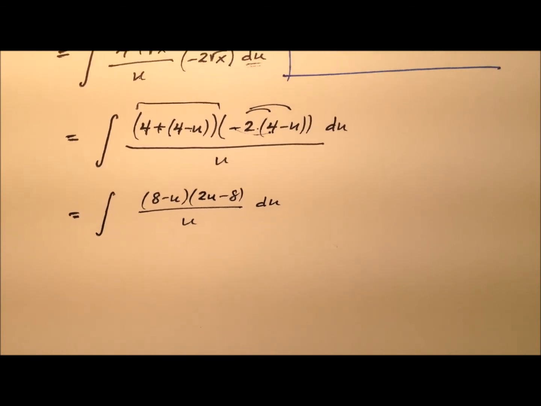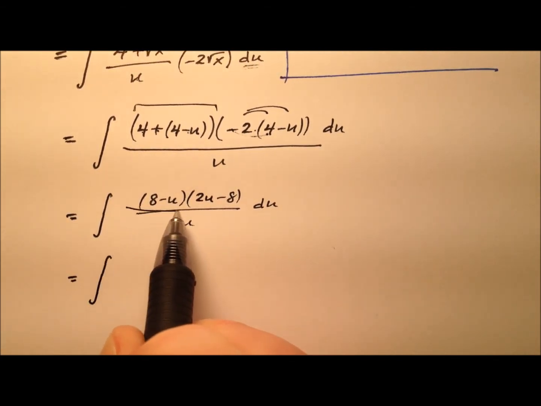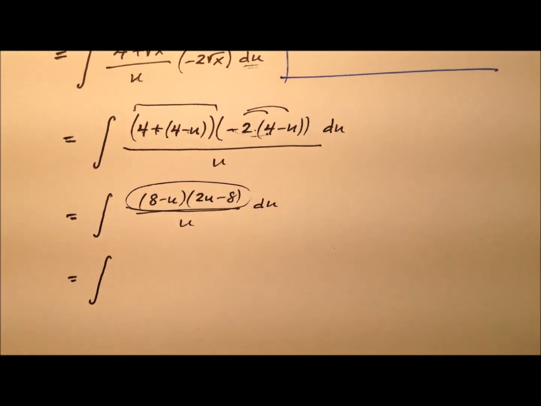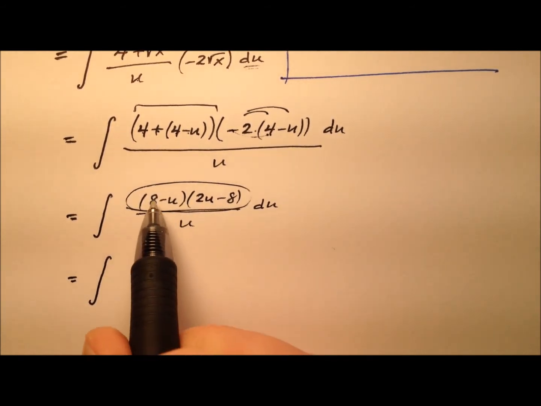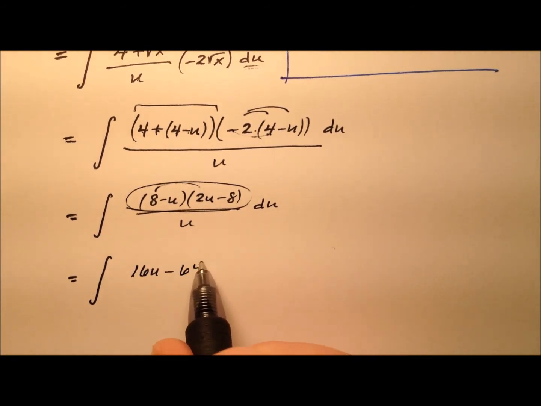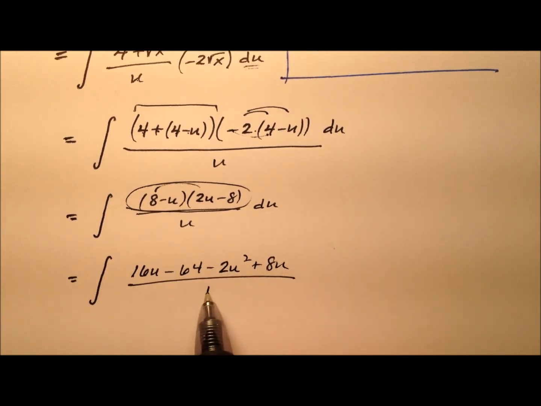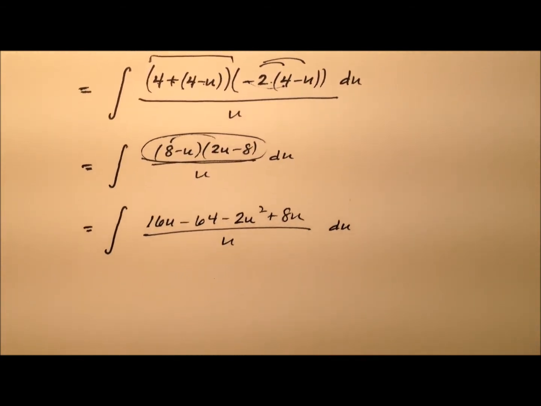Okay, so already that's a little bit better. Let's multiply that numerator out and see if we can deal with this denominator of u. So it looks like 16u minus 64 minus 2u squared plus 8u, all over u du.